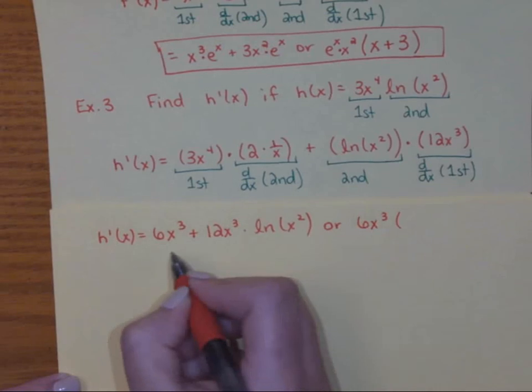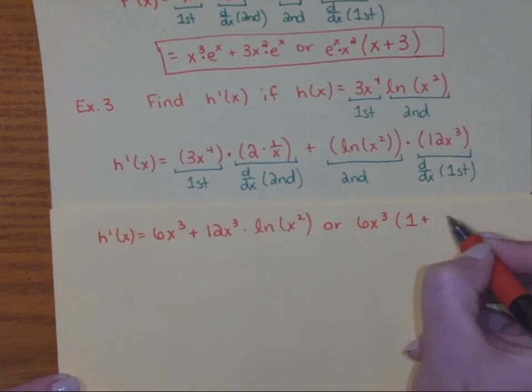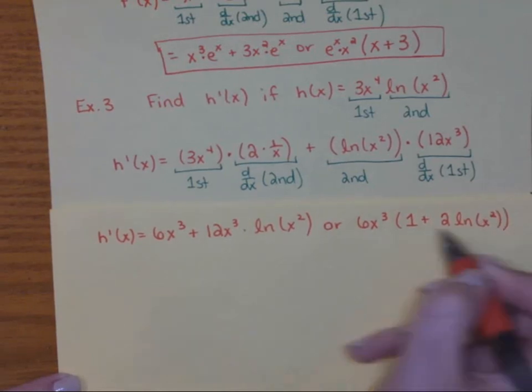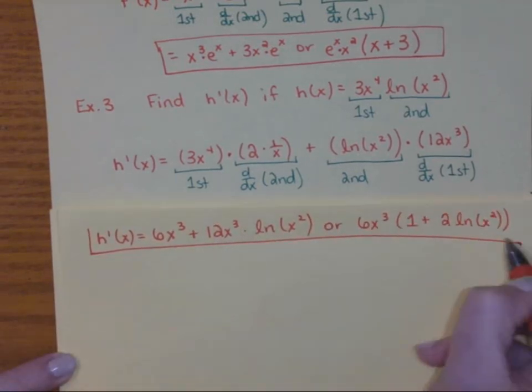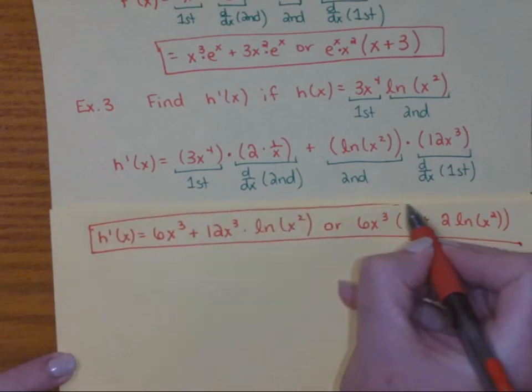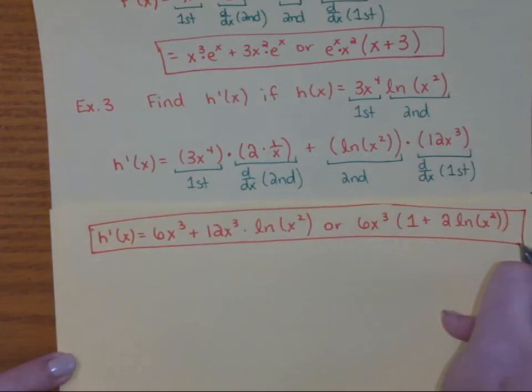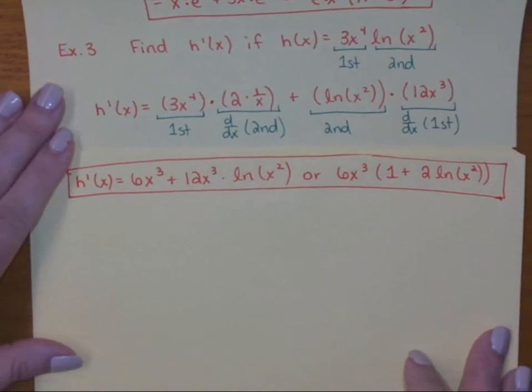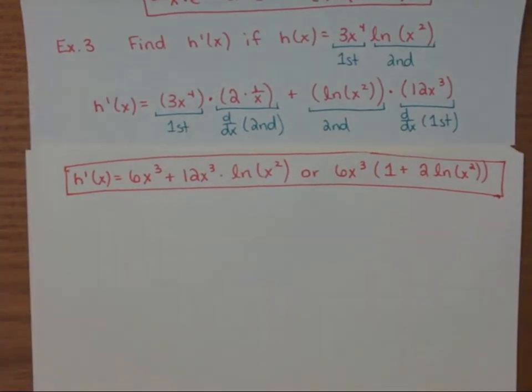And if you were to factor that out, you would get 1 plus 2 ln of x squared. So when I circle both forms, it really means that either form on a test for me would be okay. But my math lab is sometimes kind of particular in how it wants an answer, so keep that in mind.